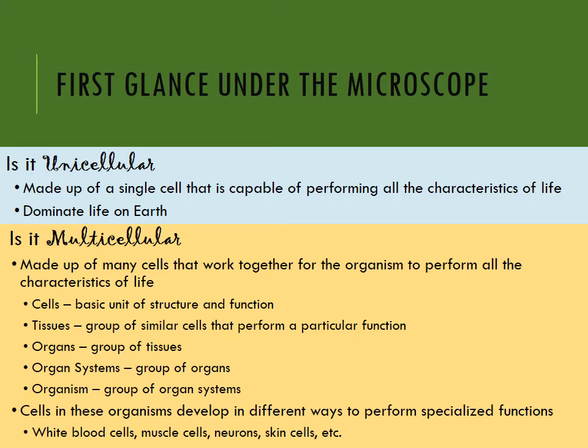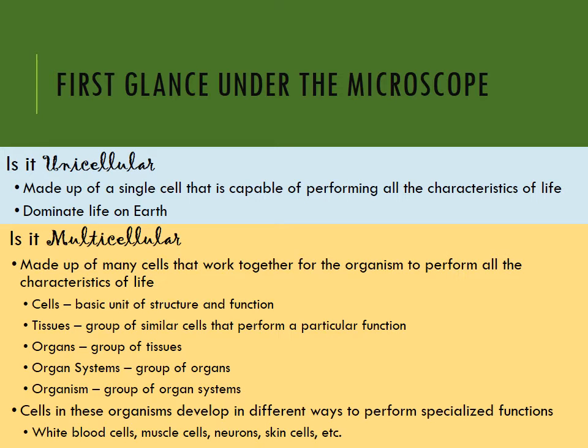Multicellular means it's made up of many different cells that work together to maintain the function of that organism, carrying out all those characteristics. Because they're multicellular, they have a much more complex organizational level. The simplest part of that is cells, and a group of cells make a tissue, a group of tissues make an organ, a group of organs makes an organ system, and that forms an organism.